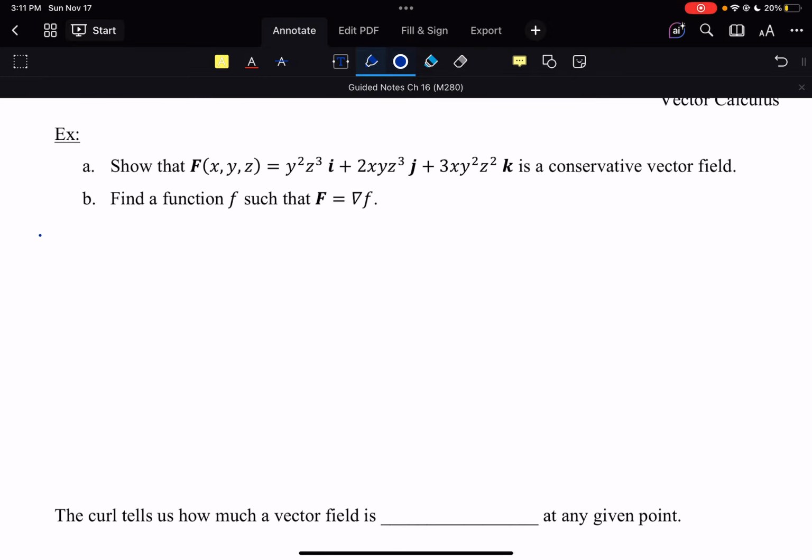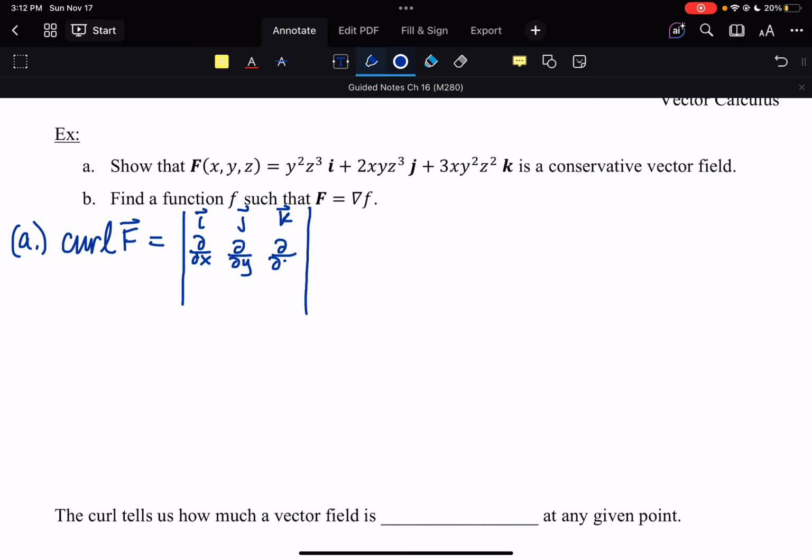So for part A here, we're going to get curl of F. So I, J, and K. So we get partial with respect to X, partial with respect to Y, partial with respect to Z. And then our other components, I'm probably going to have to squeeze these in here.